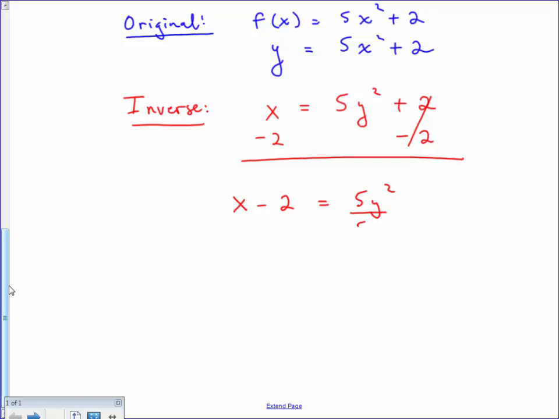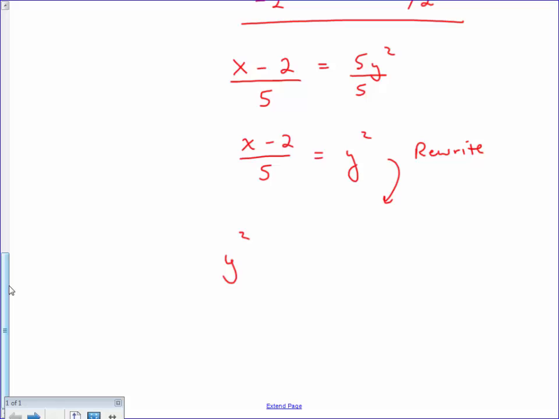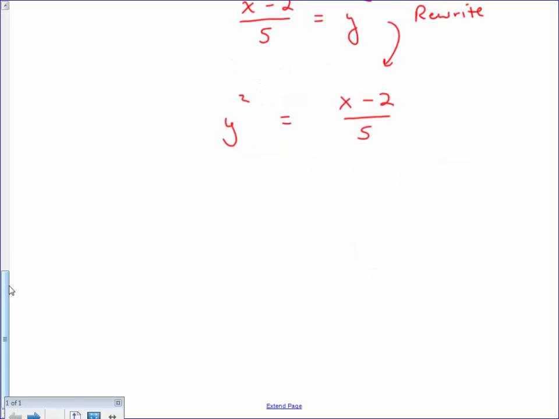I'm going to divide the 5 out, and what I'm going to do on the left-hand side is divide the entire side by 5. And then on the right side, I'm left with y squared. Now, I like to have my y's on the left, so all I'm going to do here is reorder so that I write it y squared equals (x minus 2) over 5. Now finally, to solve for y, I need to take care of the square that's on the y.